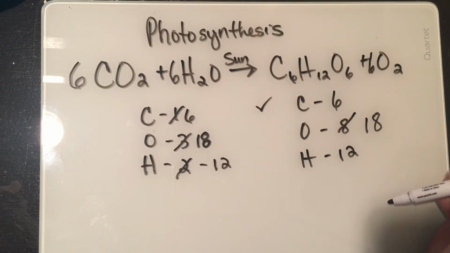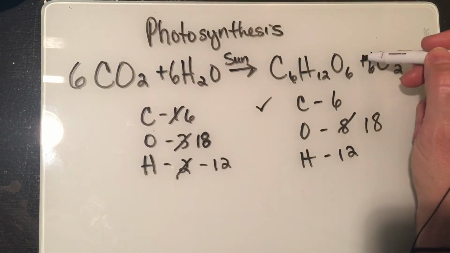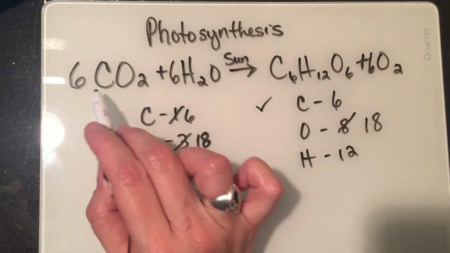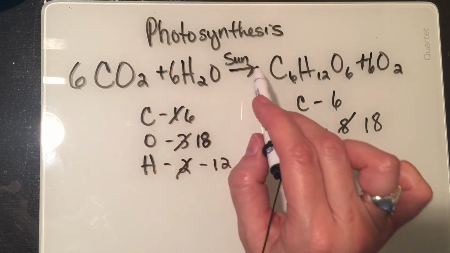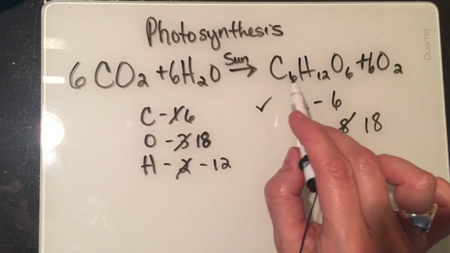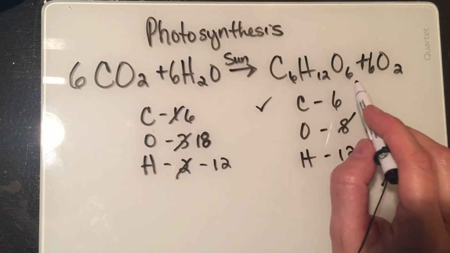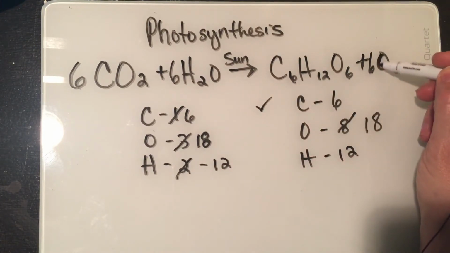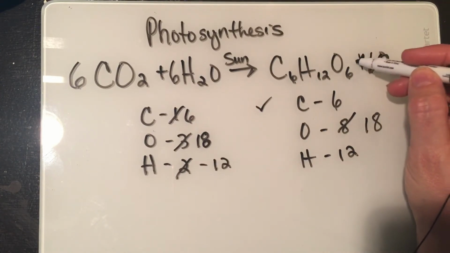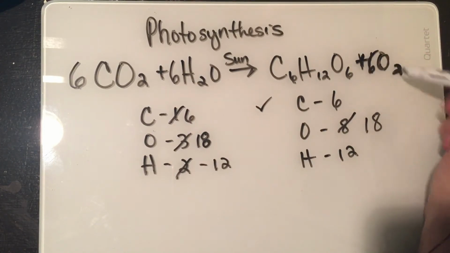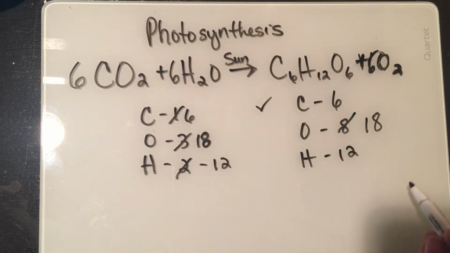Okay, and now my chemical equation is balanced. So I have 6 CO2s plus 6 H2Os plus sunlight gives me C6H12O6 plus 6 oxygens. Okay, that looks kind of funky, but that's 6 oxygens. All right, so it's balanced now.